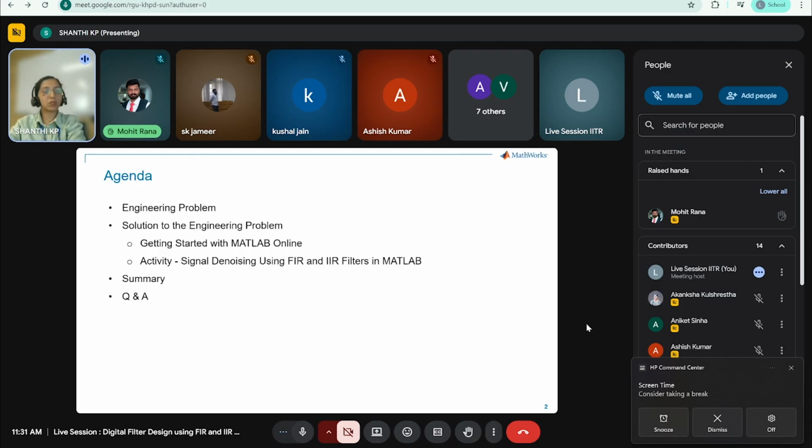Next, we'll see how to solve the engineering problem we have. As part of it, we'll start with MATLAB Online, available for this NPTEL course, FPGA based signal processing. Following that, we will do some hands-on activity focused on signal denoising using FIR and IIR filters.